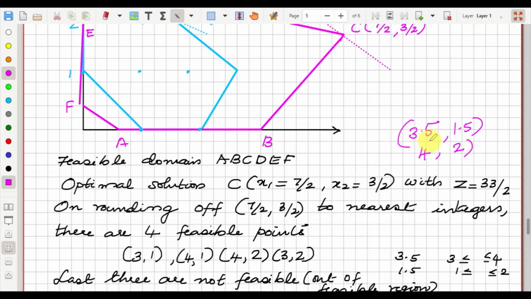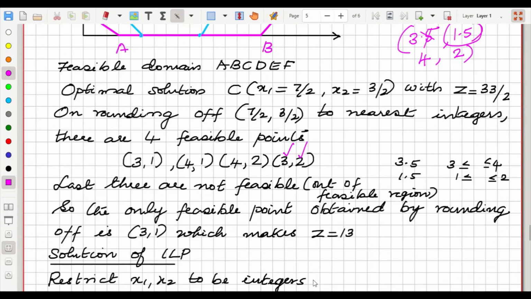Again, drop this one, 3, and round this one, 2. So we got 4 points. That is, 3.5 is between 3 and 4 and 1.5 is between 1 and 2. These last 3 points are not feasible, so they are out of the feasible region. So the only feasible point obtained is 3, 1, which makes z equal to 13.